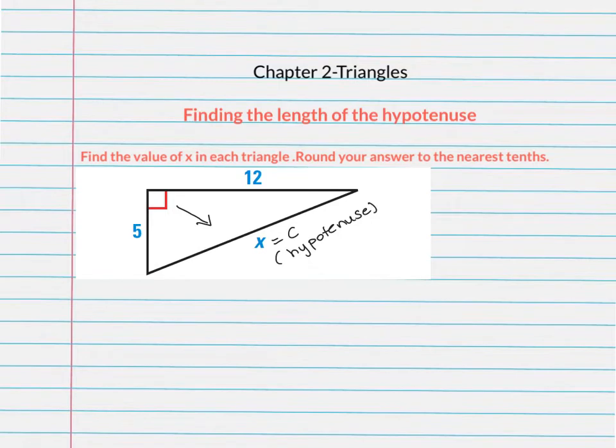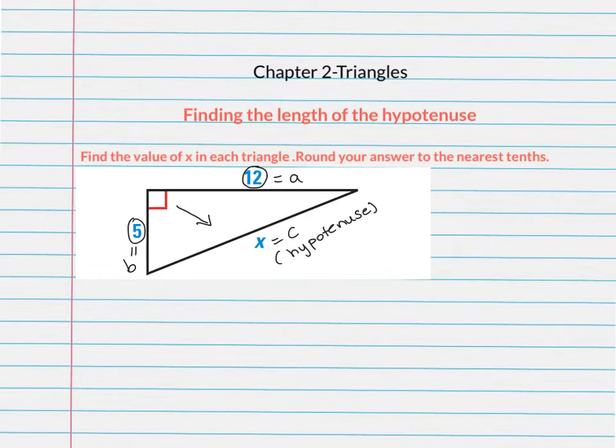We need to find the value of C or x here. Remember that A and B could be any of the two measures that we have because we already determined C. So I'm going to take 12 as A and 5 as B. To find x or c, you have to apply Pythagoras theorem.